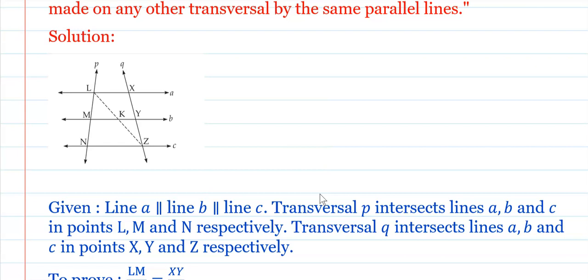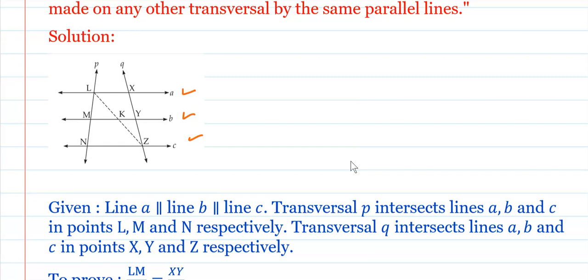Now the given, what we have given: the 3 lines are parallel, 1, 2, 3. Therefore we will write here line A is parallel to line B is parallel to line C. Transversal P intersects the lines A, B, C at the points L, M, N respectively.